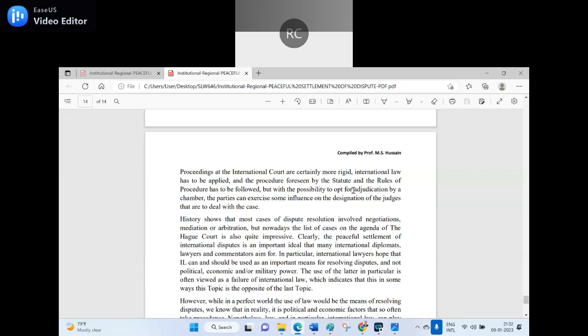Otherwise, innumerable cases will be piled up in the court. Whether such a system is there in Tanzania? They call the parties and they will see that amicable solutions come out. There, one judge will also be there.